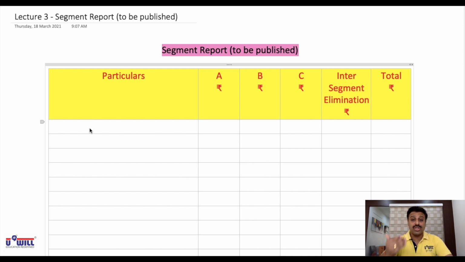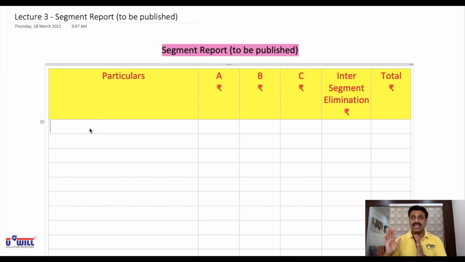Shareholders being the owners of the company, they will be interested in knowing the segments which are making profits as well as the segments which are making loss, because they have to remain invested in the company or not. So revenue they are interested in, expenses they are interested in, profits they are interested in. Other than that they'll be interested in knowing what proportion of expenses and incomes of the company are incurred at segment and at head office.